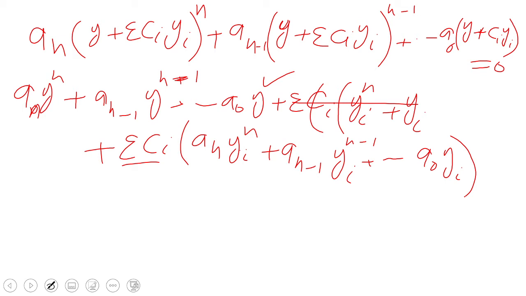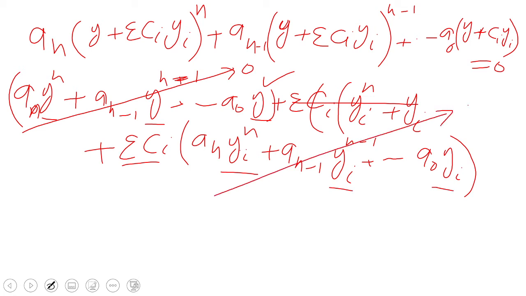As y is the solution, this whole part is 0. Also we have that the yi's are solutions, so this is also 0.